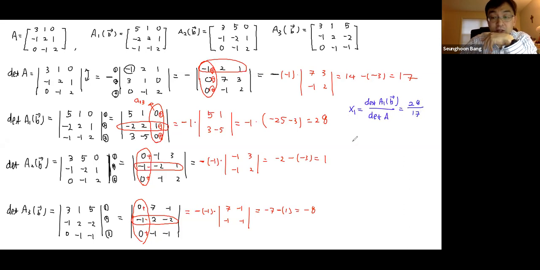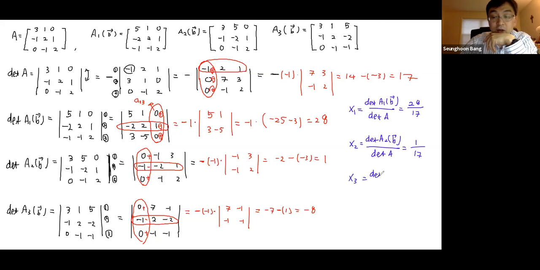We have it. What's x2? x2 is the determinant A2B over the determinant of A. Determinant A2B is here, 1. The 1 over 17.